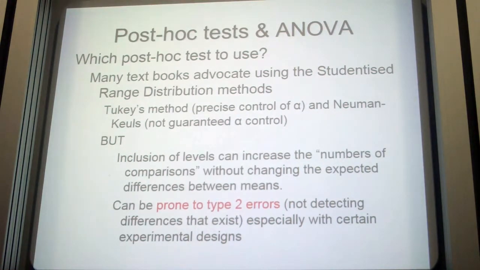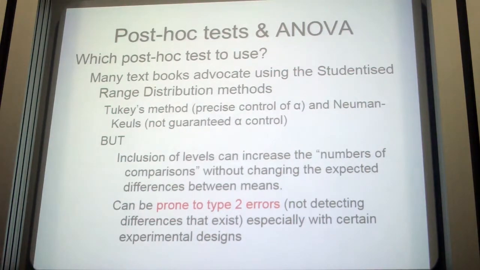Okay, but remember, inclusions of levels on things which have a natural boundedness, so stimulus orientation from upright to inverted. If you add values in between, well, it makes it harder to detect the differences between upright and inverted.